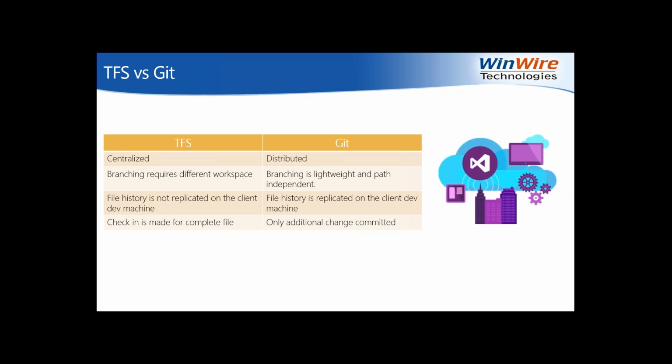In TFS, branching requires different workspaces, whereas branching in Git is lightweight and path independent. In Git, basically each developer has a copy of the entire source repository on their dev machine.